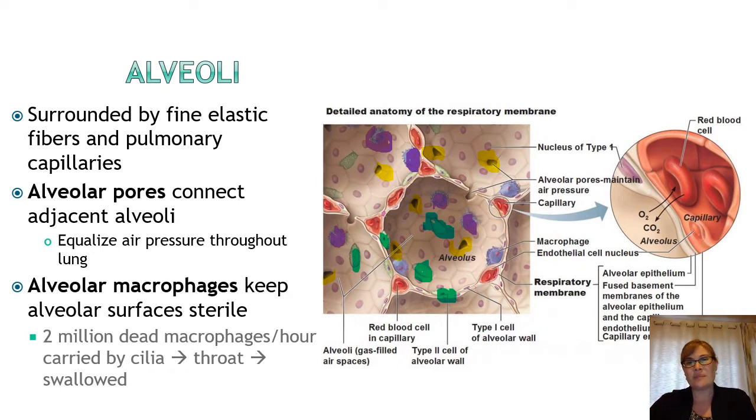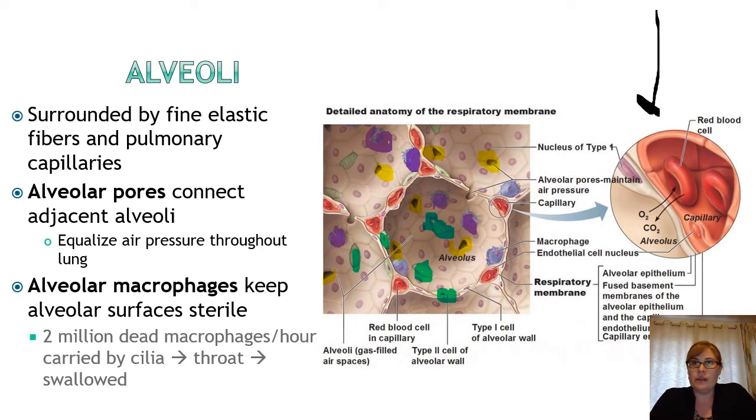A lot of times they die in this battle, or they'll ingest something and die as well, and so they get kind of coughed up. We have those cilia that are going to sweep this up, and we cough them out, or we swallow them, actually, up to 2 million per hour, which is disgusting.